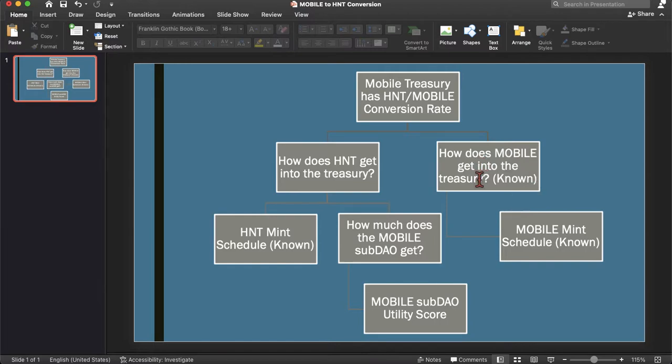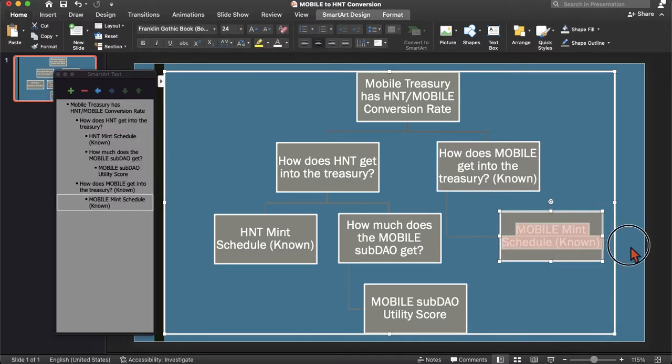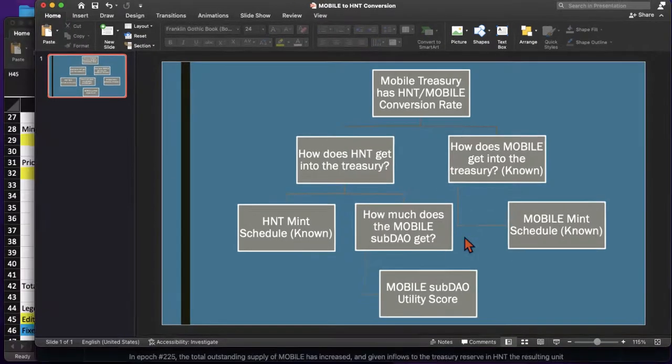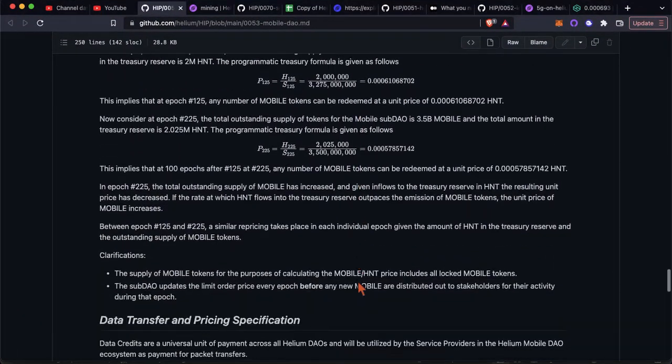And how much mobile is outstanding, really, and how does it get there? Well, this we already know from the mint schedule, and this can be estimated. I'm doing it after the end of one year just to see what it would be like. Let me take you to that.